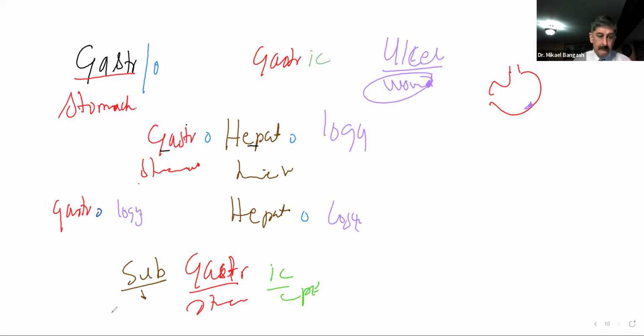In other words, sub, under or below. Did you guys get that? So something below the stomach, now this here is the stomach, this will be subgastric.